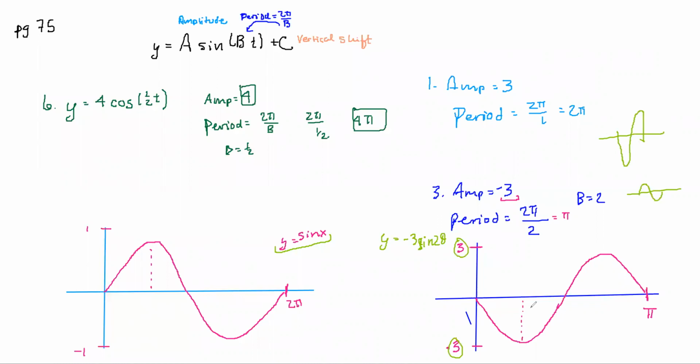And then we have a shorter period. If I draw these on the same graph, this one looks like this, and then this one looks more like this. This one is squashed in, and taller.